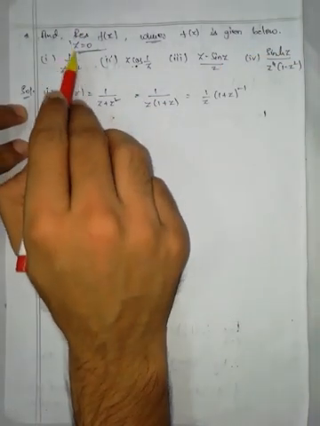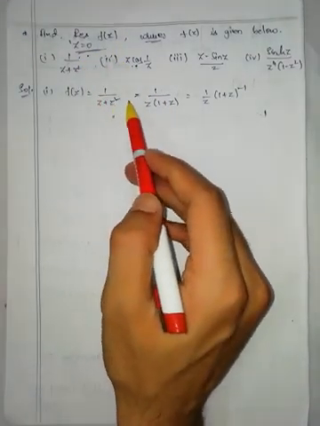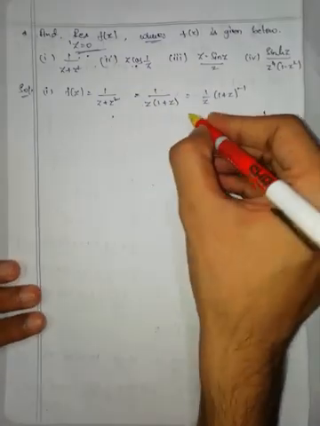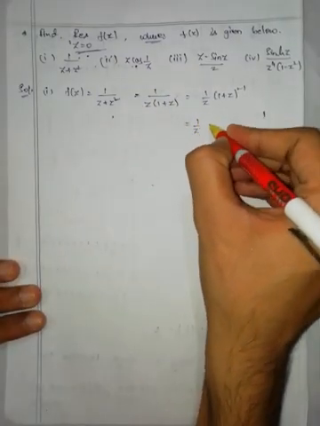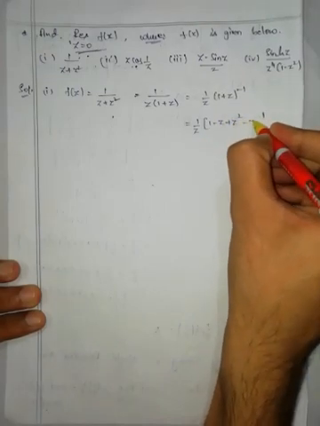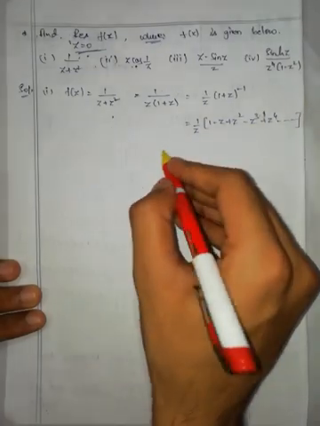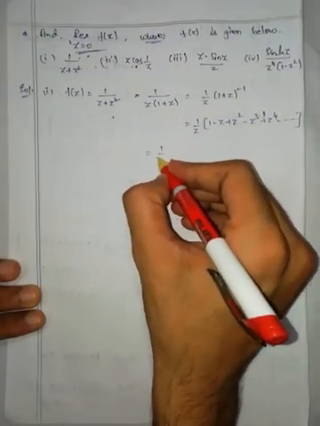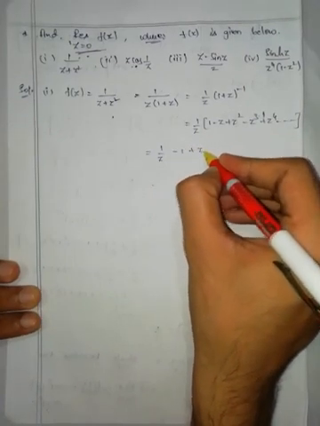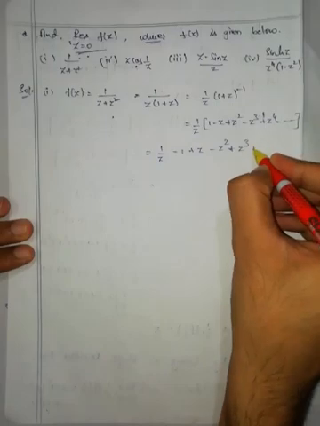To find the residue at z is equal to 0, we have to represent the whole function in terms of z minus 0. Now expand this one, 1 by z into 1 minus z plus z square minus z cube plus z power 4 minus so on, which is equal to 1 by z minus 1 plus z minus z square plus z cube, so on.